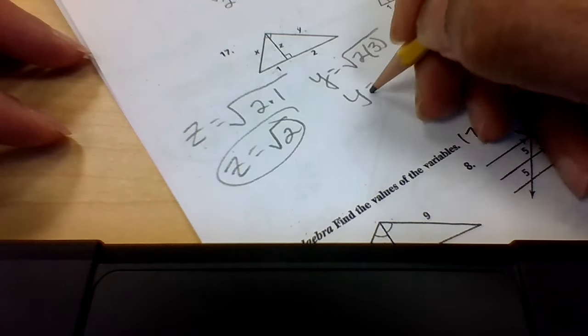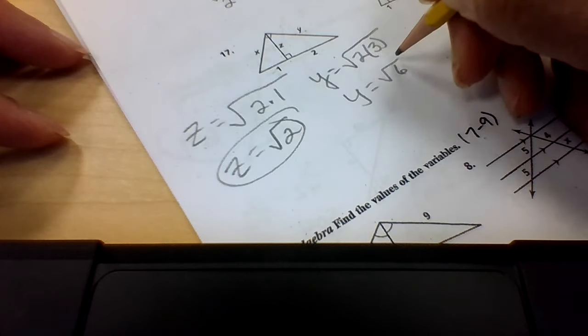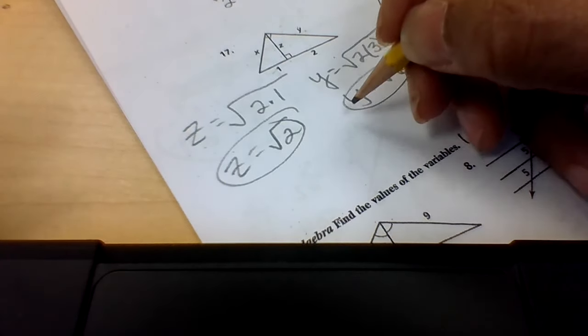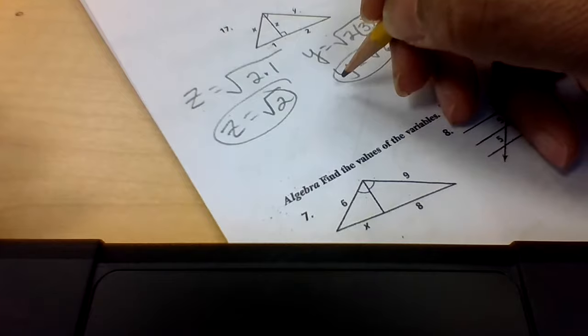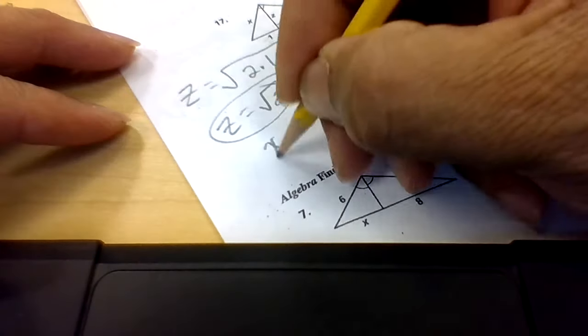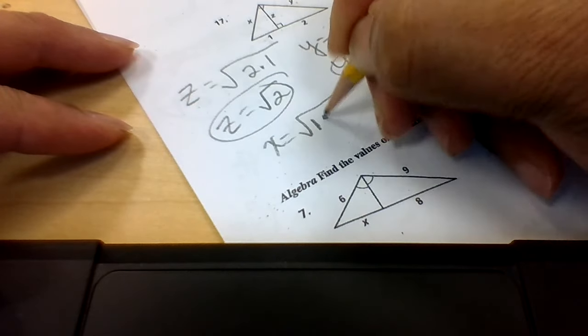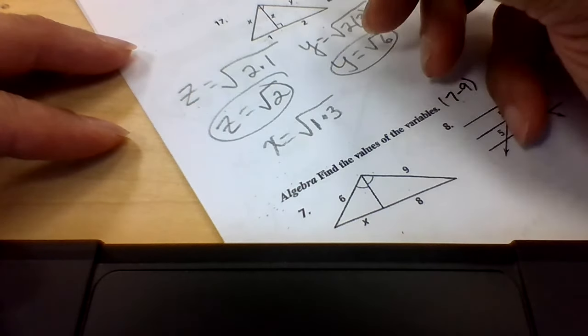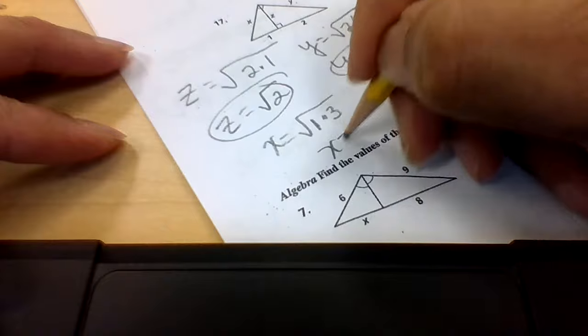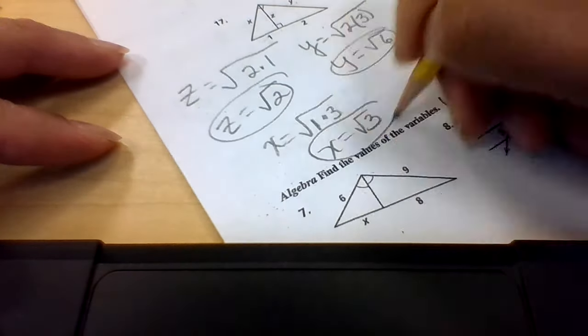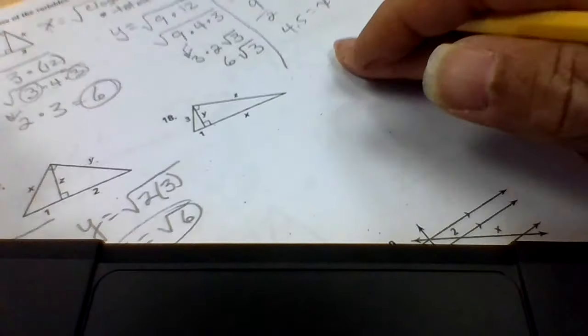So y is equal to the square root of 6. And then x is going to equal the square root of the closest base, which is 1, times the total base, which is 3. So x is equal to the square root of 3. Next one.